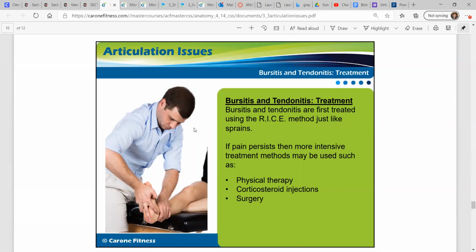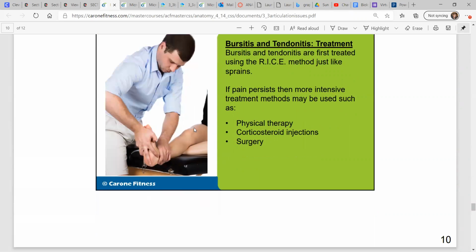You can treat these issues with RICE, just like sprains, but if it goes further, then you may need more intense treatments like therapy, corticosteroid injections, or surgery.